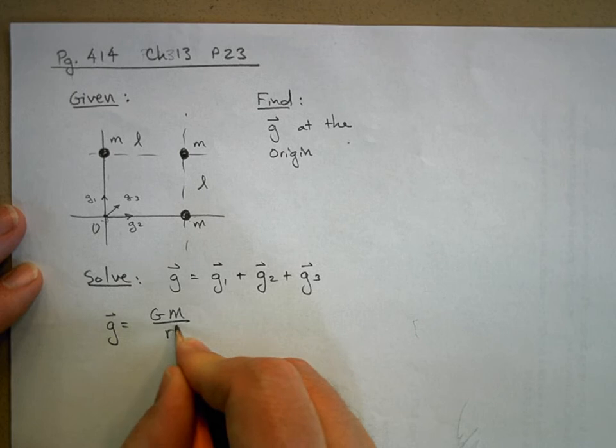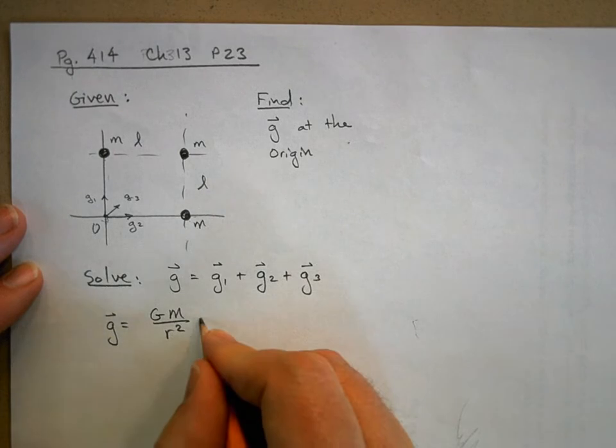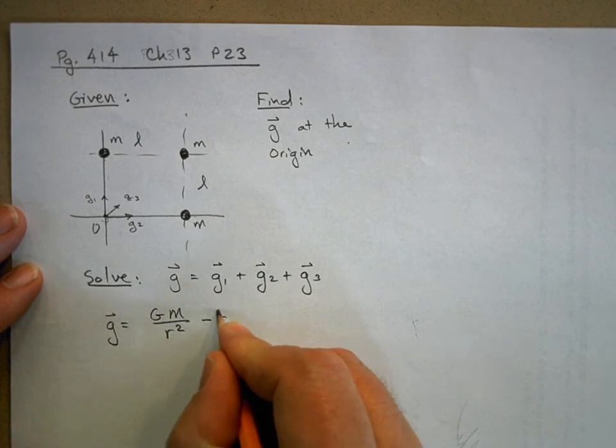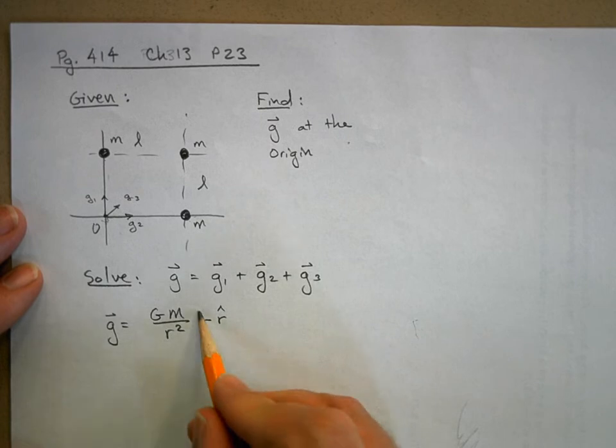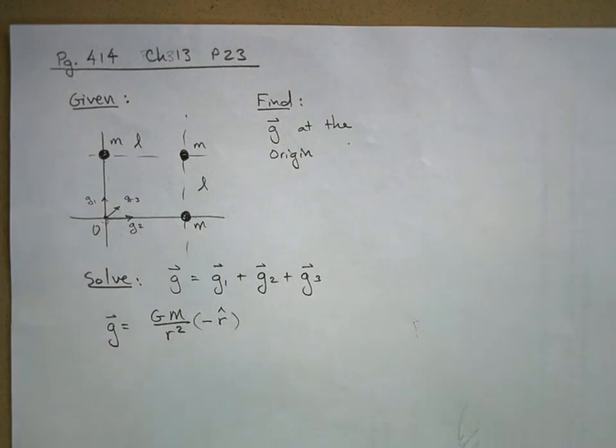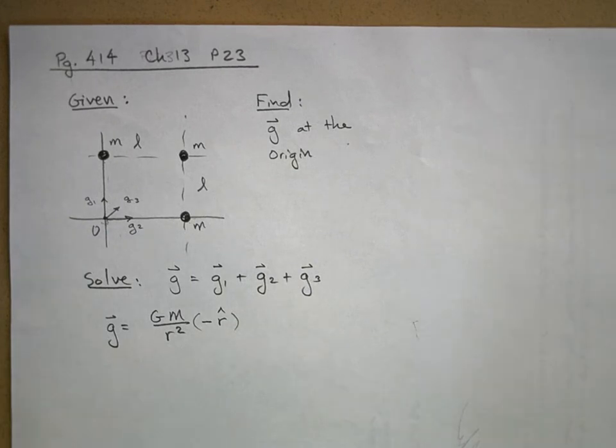Gm over r squared in the negative r hat direction. And negative means it's an attractive force. It pulls you in. It doesn't push you away. And so we call that pulling you in the negative r hat direction.